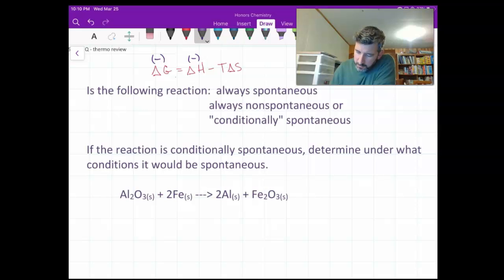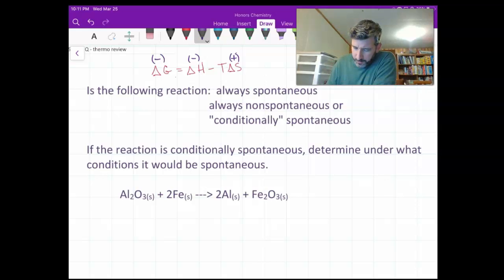Let's say that we have a positive change in entropy, delta S. So usually it's a smaller value because entropies are just smaller. But so let's say it's positive delta S of 0.25 or something like that.